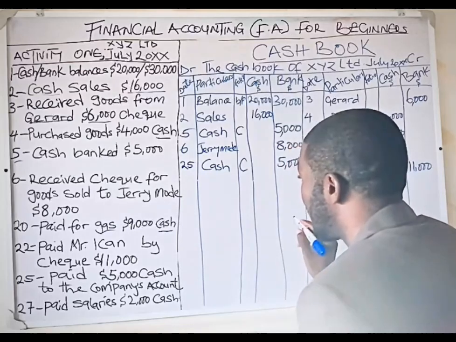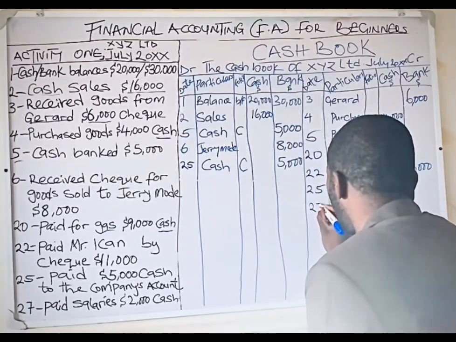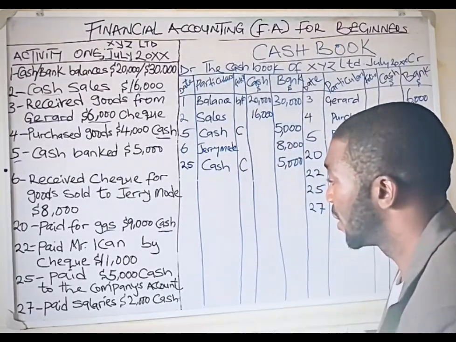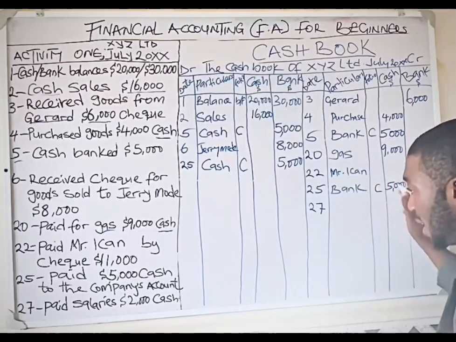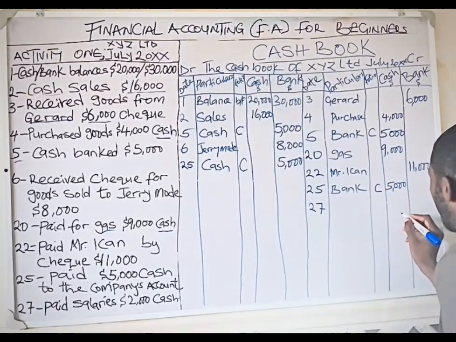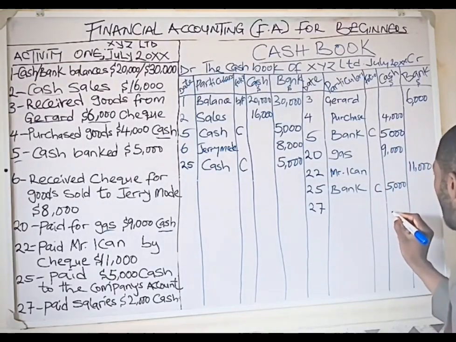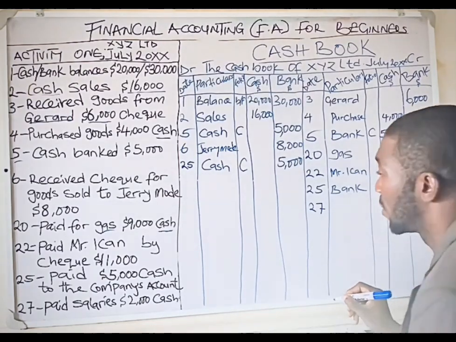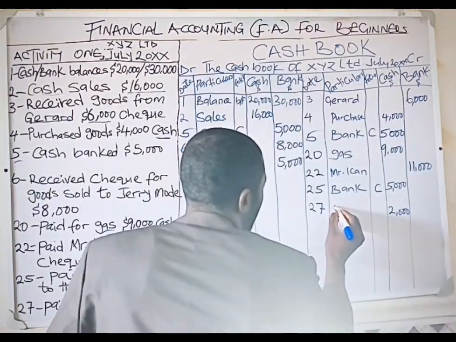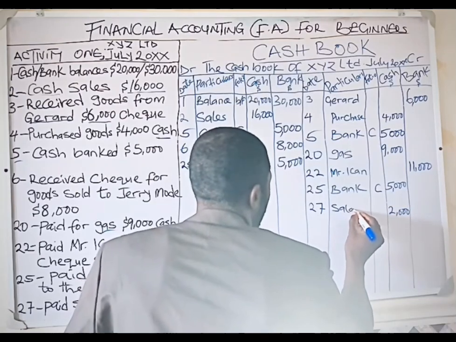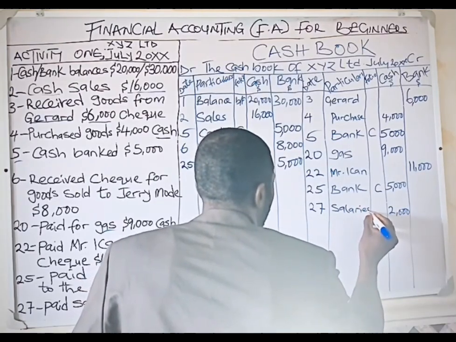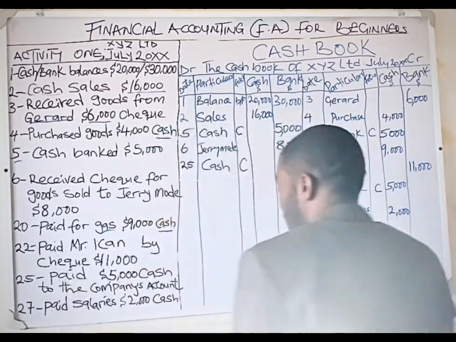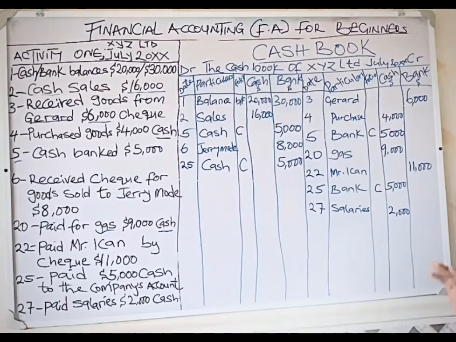So on the 27th of July, we are paying cash column of $2,000 because of salaries. So that is all about the cash book entries. This is how to enter your cash book.